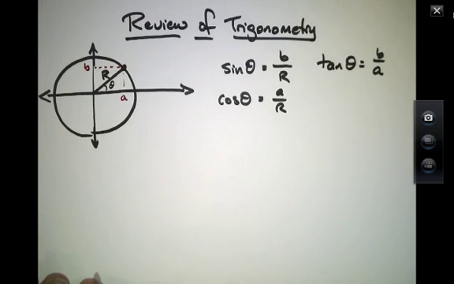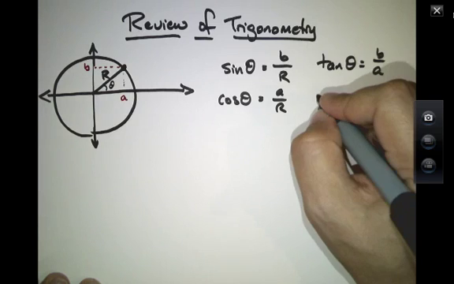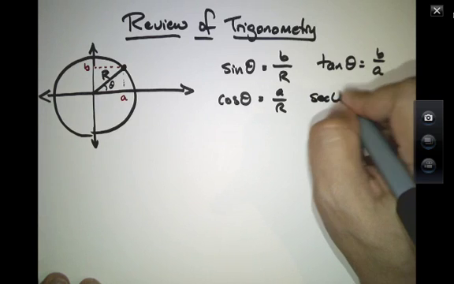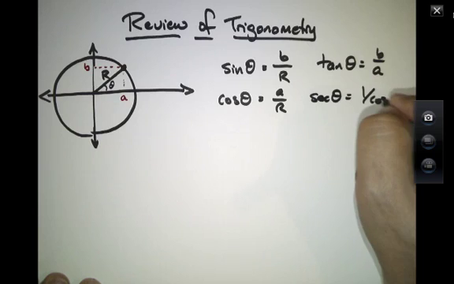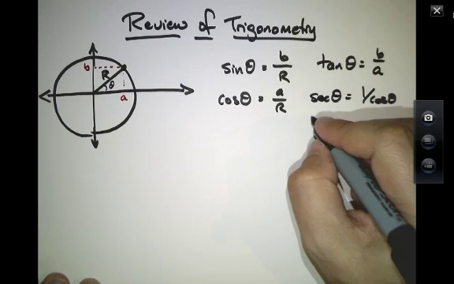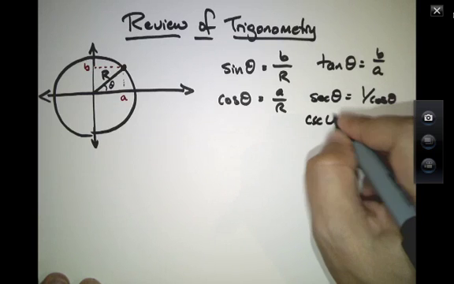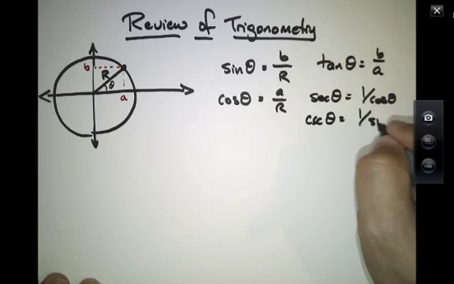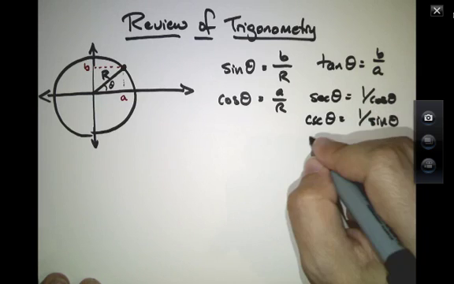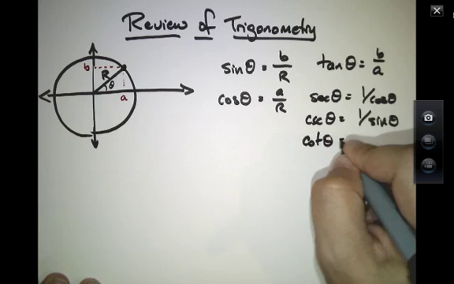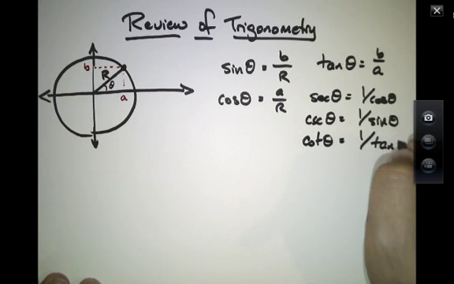There are other trigonometric functions like the cosecant and the cotangent and the secant. These include things like secant theta is 1 over cosine theta, or cosecant theta is 1 over sine theta, or cotangent theta is 1 over tangent theta.